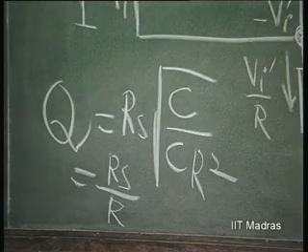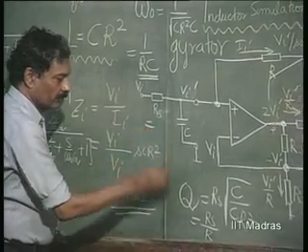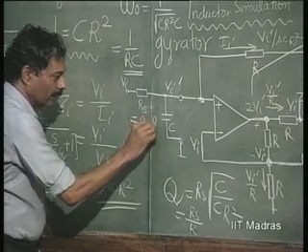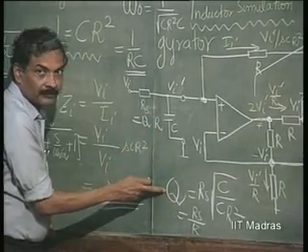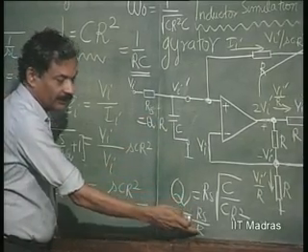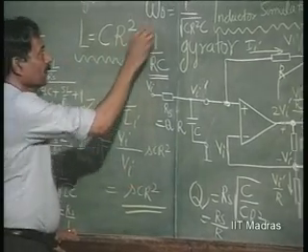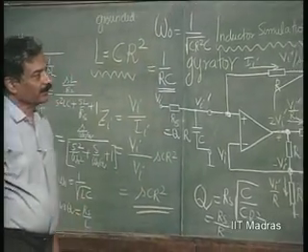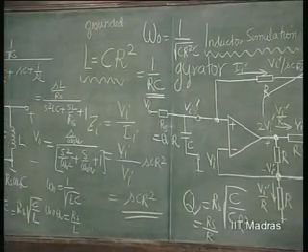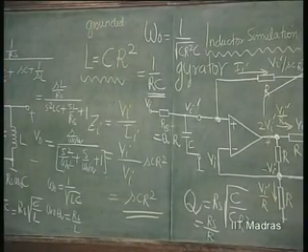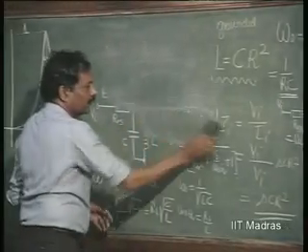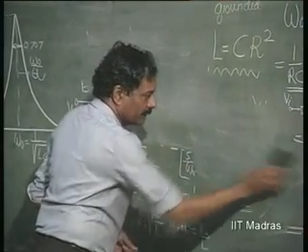Rs has to be equal to Q into R, and omega naught has to be equal to 1 over RC. So, let us now consider an example, so that this problem is clear, of simulation of inductor.